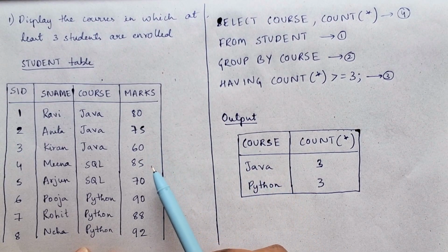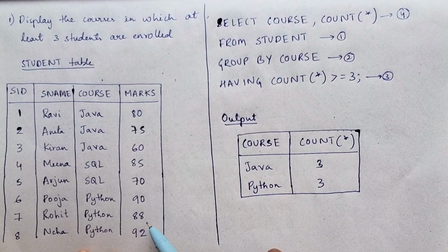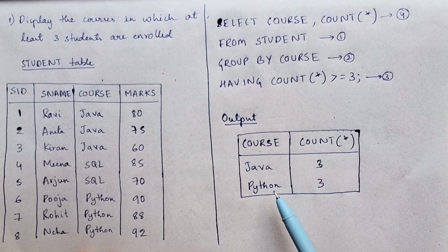For SQL, the count is 2 and it is not greater than or equal to 3. The condition is false, so SQL is removed. For Python, the count is 3 and 3 >= 3 is true. The condition is satisfied, so Python is selected.